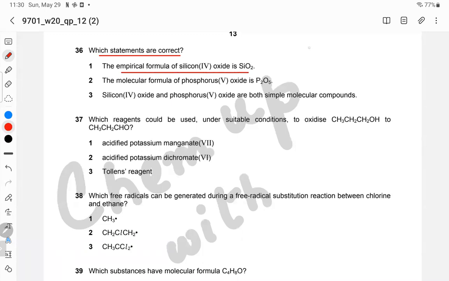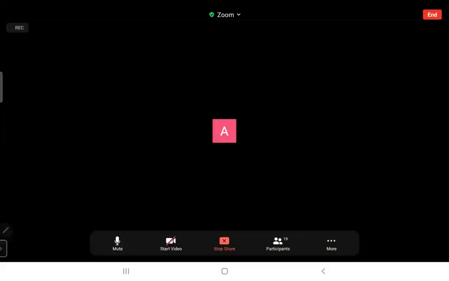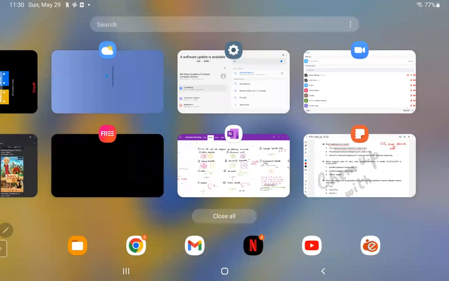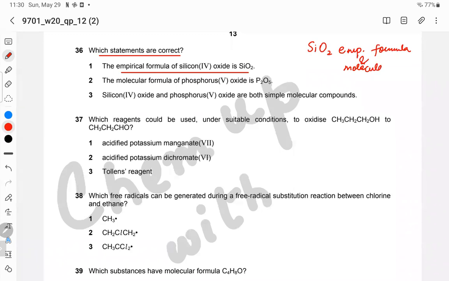Yes, because SiO2 is a giant molecular structure, so its empirical formula and molecular formula are the same. Okay, Hamna, let me find. So the first statement is correct.